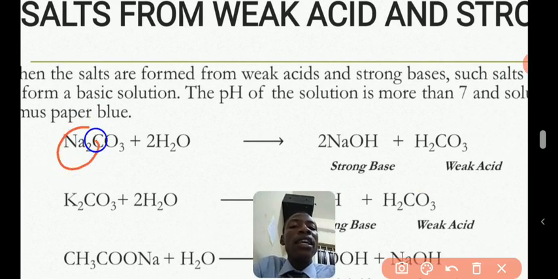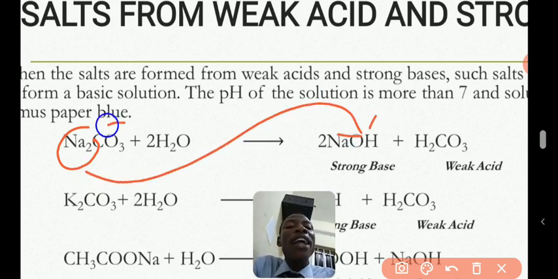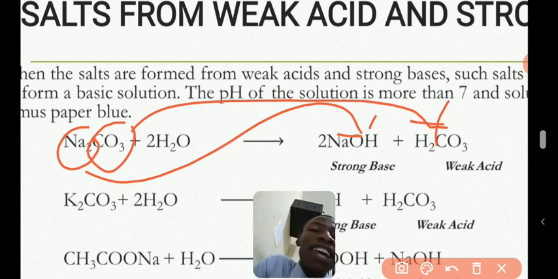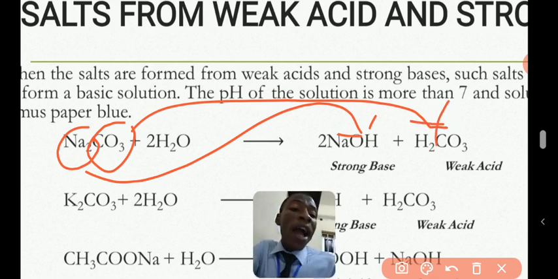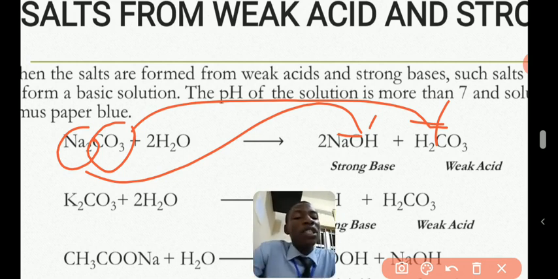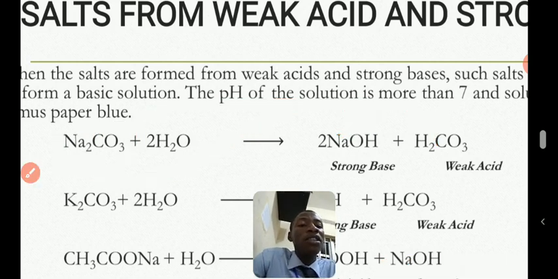The Na picks up OH, becomes NaOH, while the CO3 picks up H2, becomes H2CO3. Now NaOH is a strong base, while H2CO3 is a weak acid. So you will observe that the solution will be basic or alkaline to litmus paper.